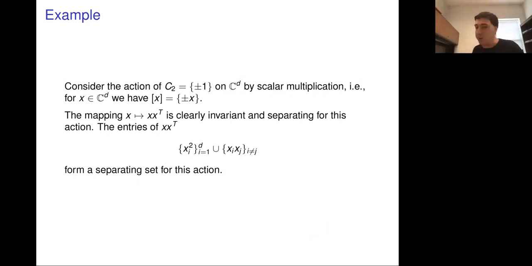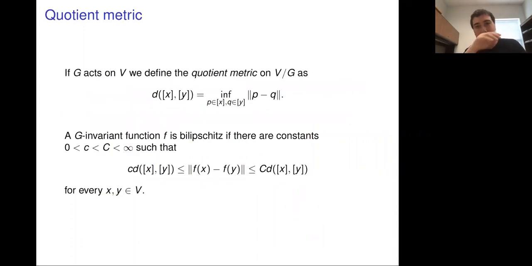These are polynomials, actually monomials, and they do form a separating set in the way I was describing in the previous slide for this particular action. This has more than 2D of them, but that is still a separating set for this action.